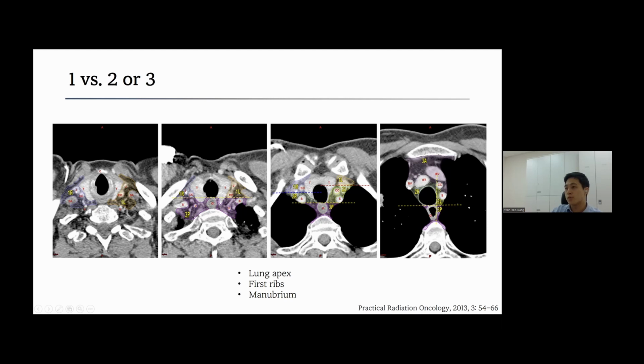The boundary between station 1 and station 2 is the imaginary horizontal lines drawn on the anterior border of the lungs. From the superior border of manubrium, which is the lowest level of the thoracic inlet, station 3A appears and station 1 is not present anymore.